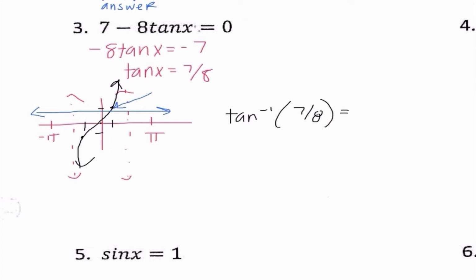So in my calculator, I'm going to do tan inverse of 7/8, and I get 0.72. Now, I need to think of what to add because I know this repeats. However, we learned last chapter, tangent does not repeat every 2 pi. It repeats every pi. So my answer here is going to be 0.72 plus k pi.